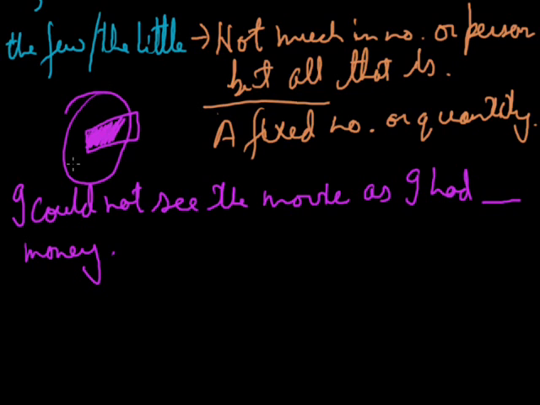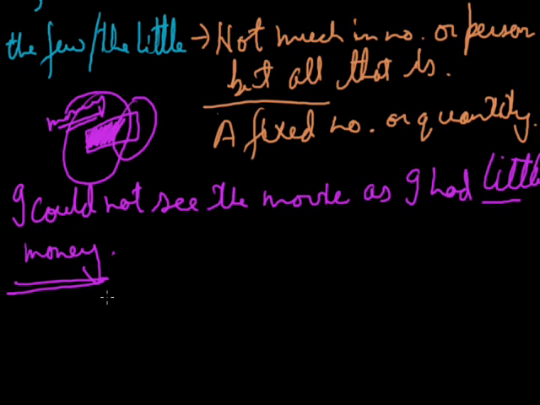Suppose this is money, and this much more was required to see the movie. So, though I had money, but that money was not sufficient enough for me to go and watch the movie. That's why the right answer will be I could not see the movie as I had little money. Little means hardly any. Money we all know is uncountable noun.